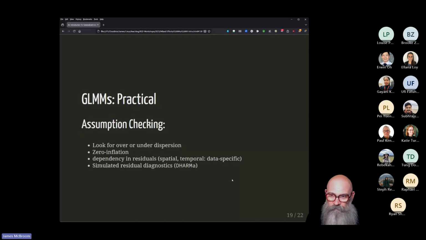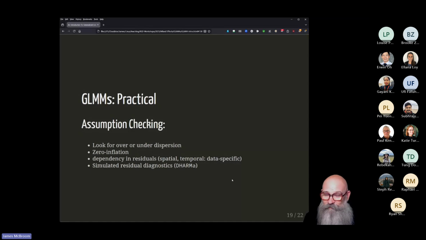I really like the simulated residual diagnostics for generalized linear models and generalized linear mixed effects models in a package called DHARMa. I'm going to call it Dharma. It's diagnostics for hierarchical regression models. That's the name it started out with.